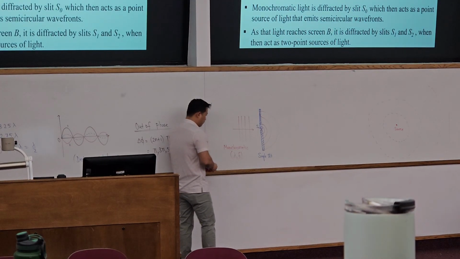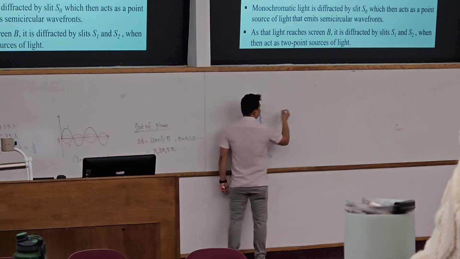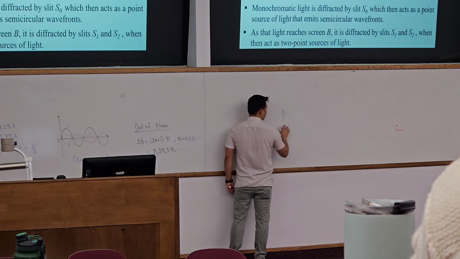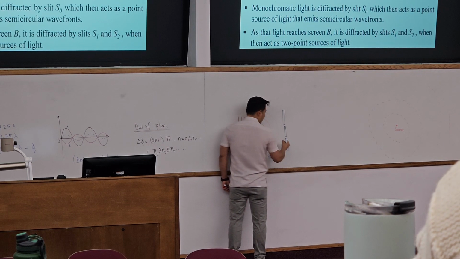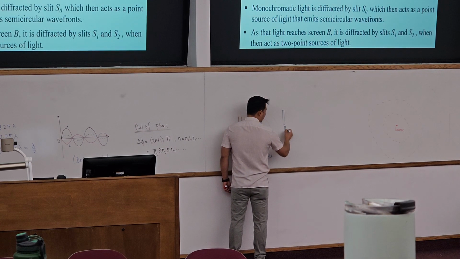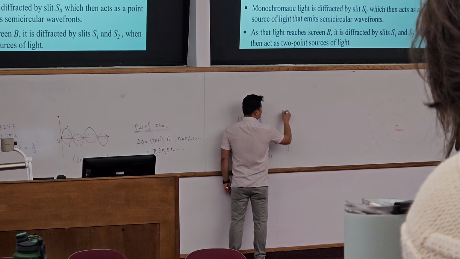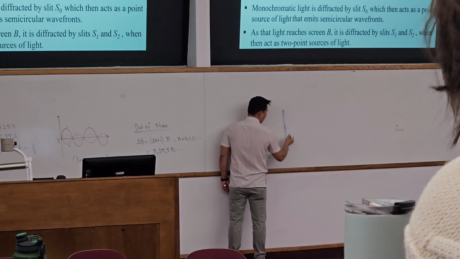Now he came up with a smart idea. Now he passed the light through two slits. It's called a double slit. They're identical slits. I just named them S1 and S2.